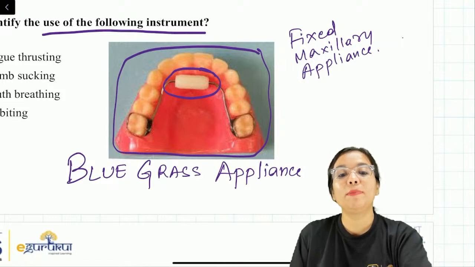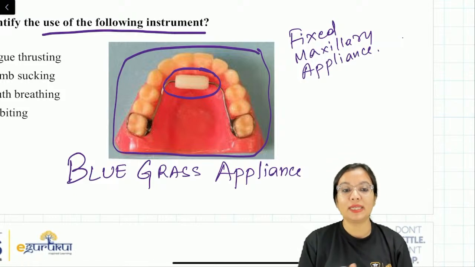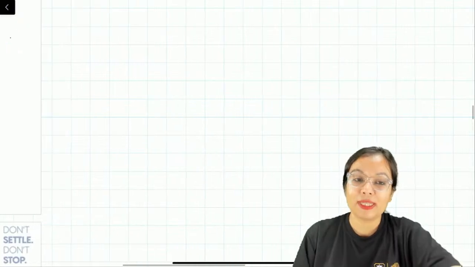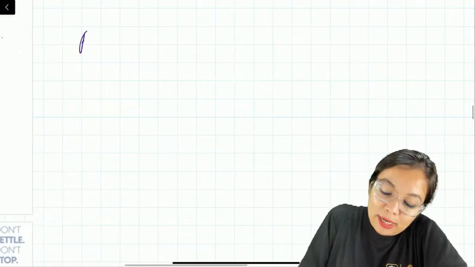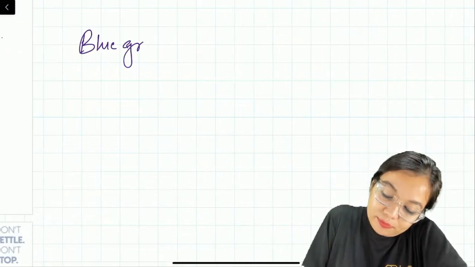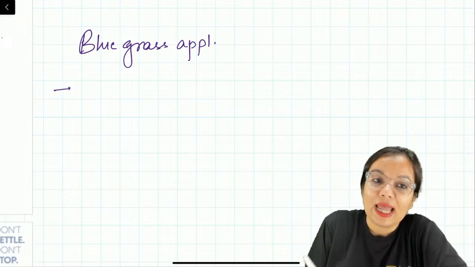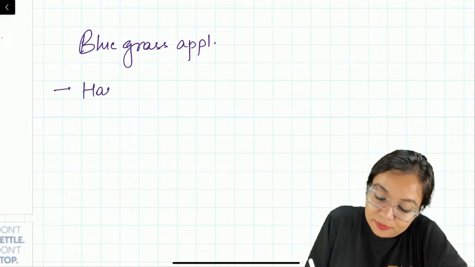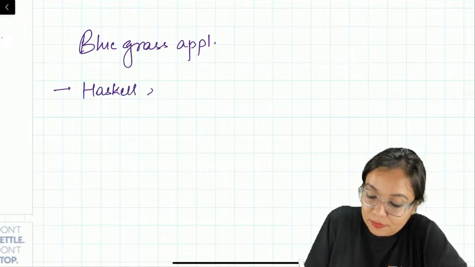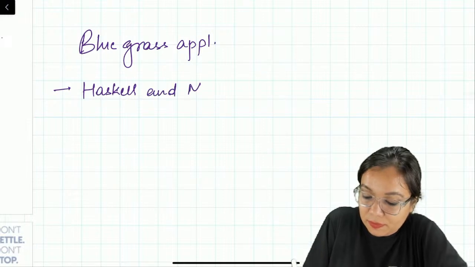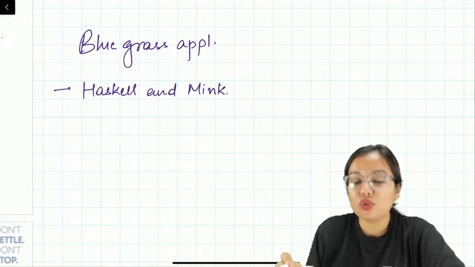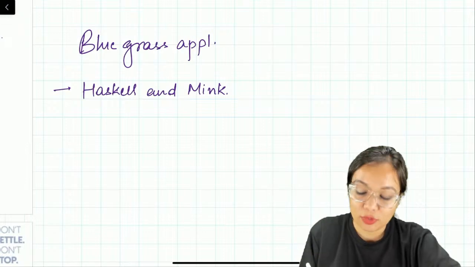Right, so the appliance is known as the bluegrass appliance, and it was first used by Haskell and Mink. So these two people used the bluegrass appliance for the first time.